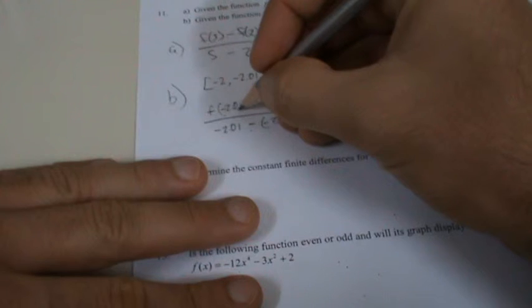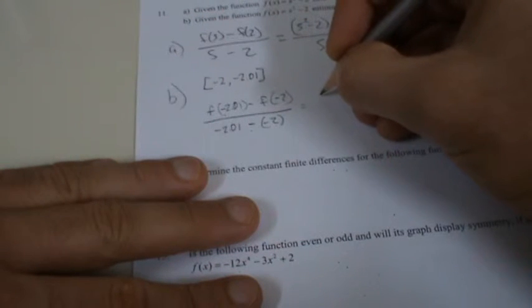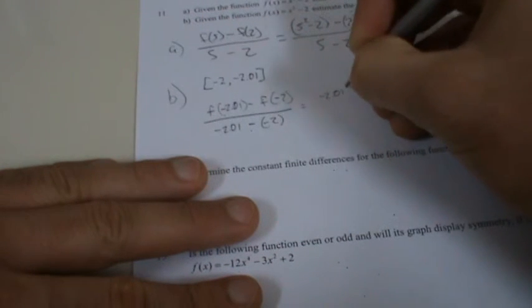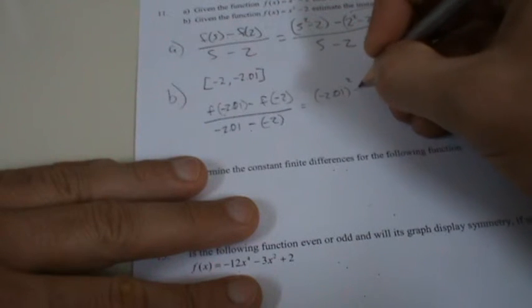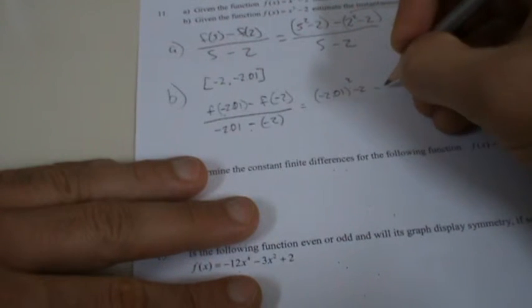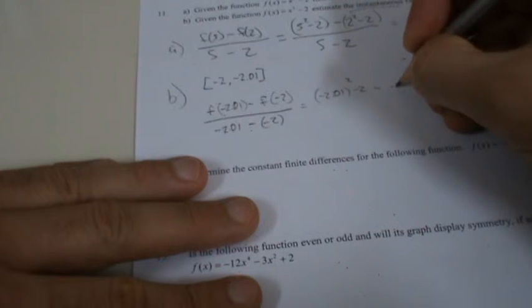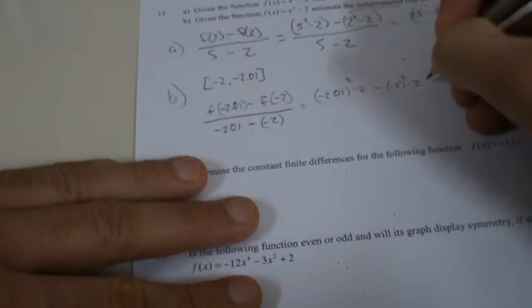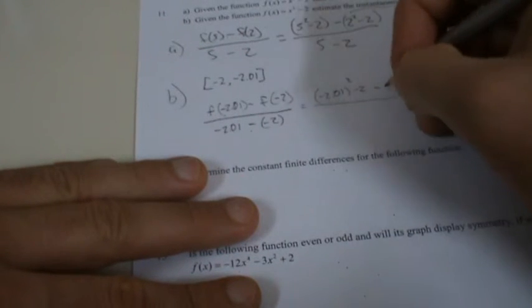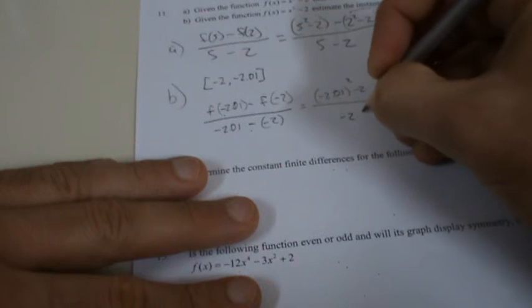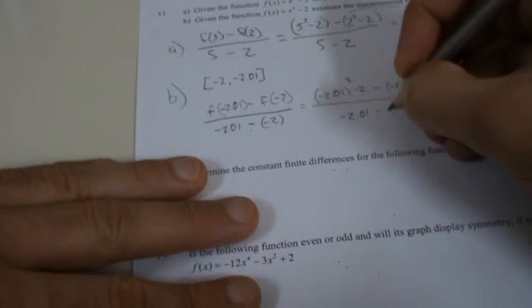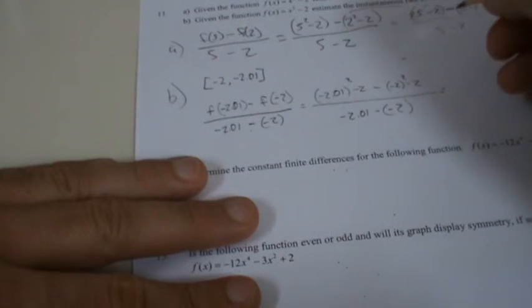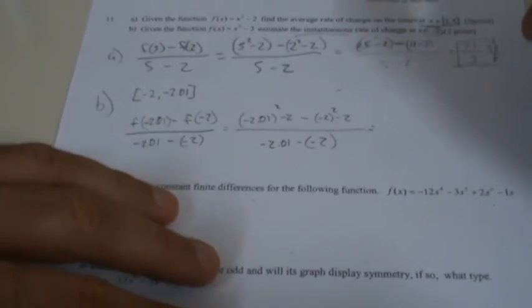And so f of -2.01 is -2.01 squared minus 2, minus a -2 squared minus 2. Now I know that there's a lot of 2's going on in this place, but you have to be careful and try not to make too many errors on this.